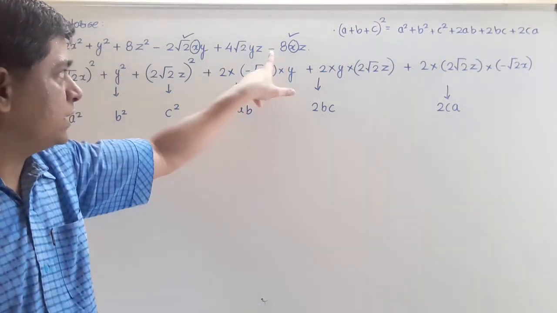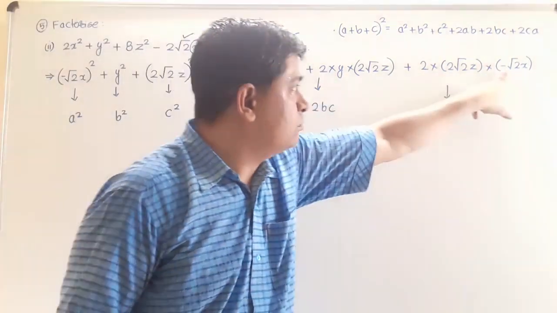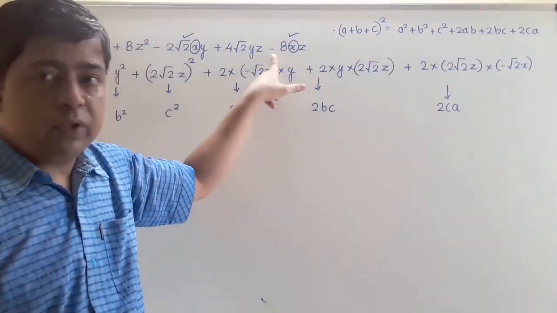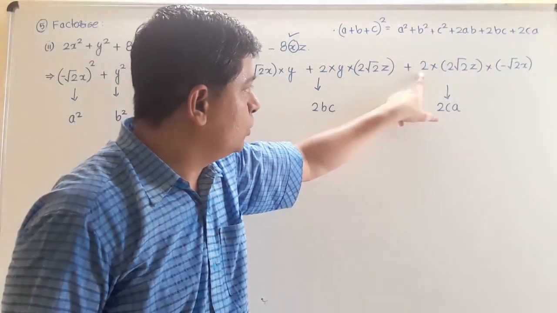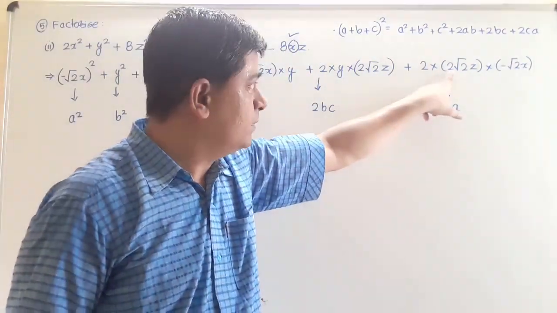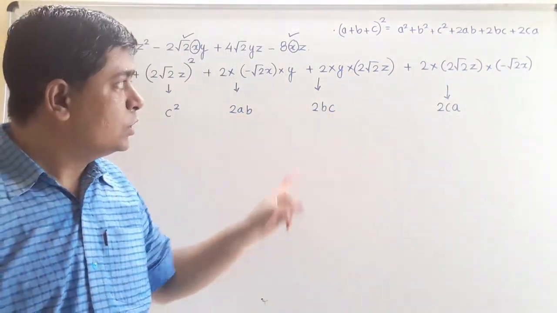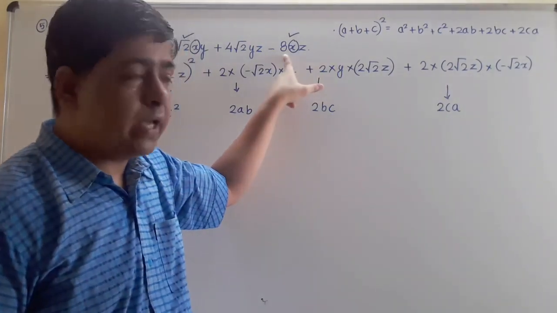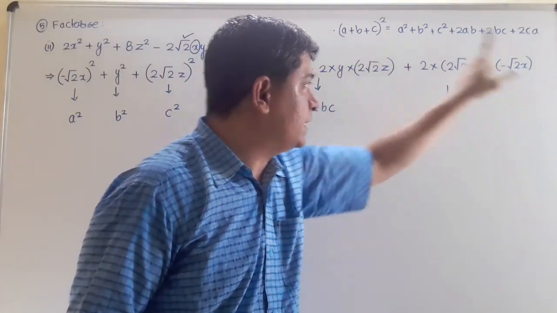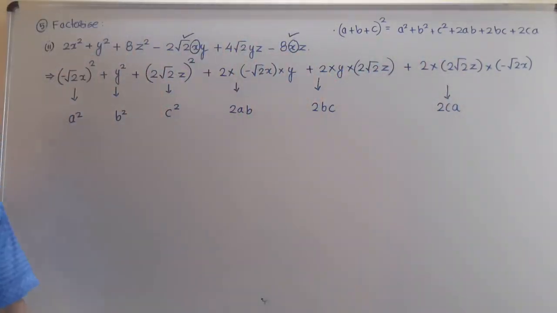First of all, check the minus sign. Plus into minus, sign will be equal to minus. Now see, 2 into 2, 4 we have, okay. Root 2 and root 2, if you multiply, that will become 2. So 4 into 2 will become 8, and then z into x I wrote here already as xz.